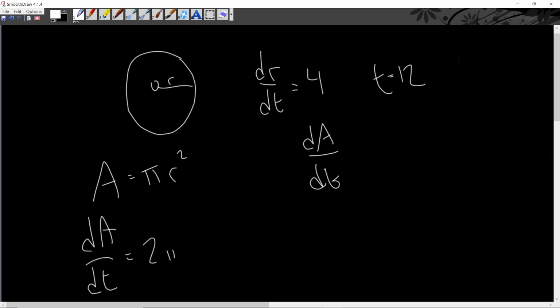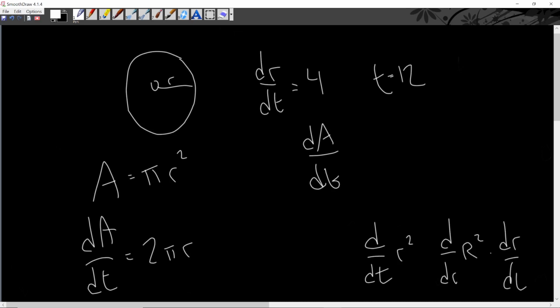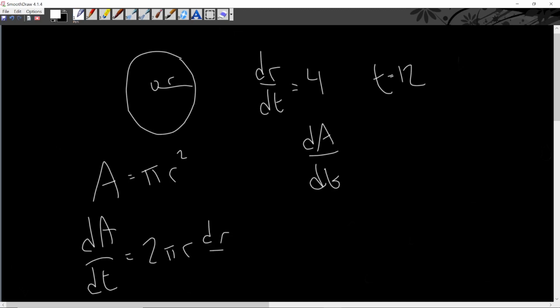Again, you can write this as d/dt of r squared is equal to d/dr of r squared times dr/dt. So this is just another application of the chain rule. Same on this side, but the derivative of A with respect to A is just 1. So this is 2 pi r dr/dt.